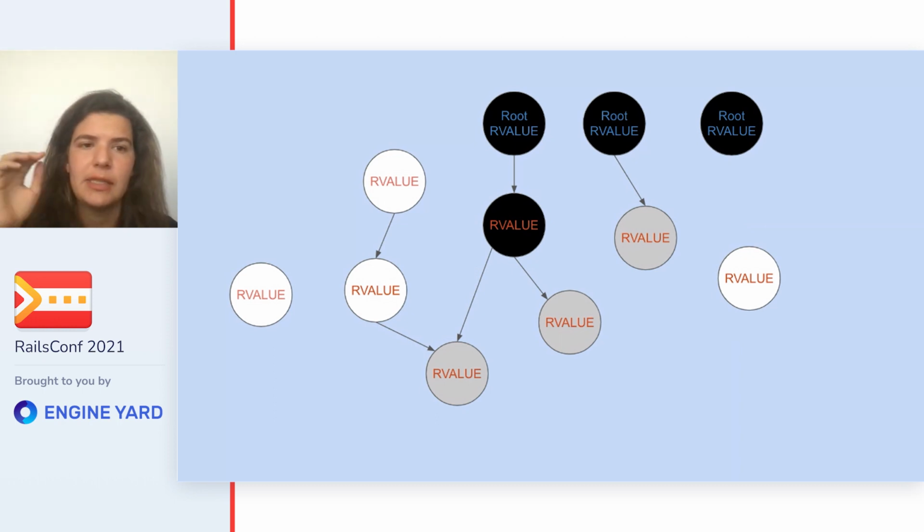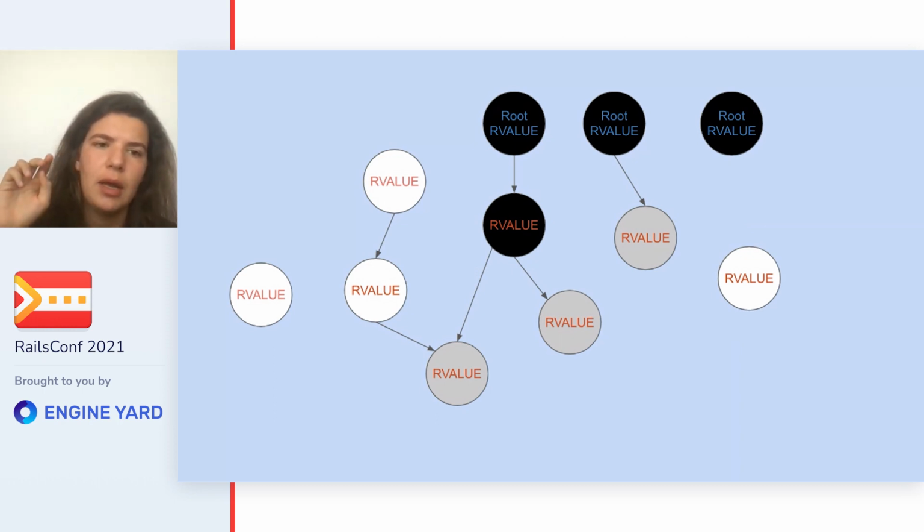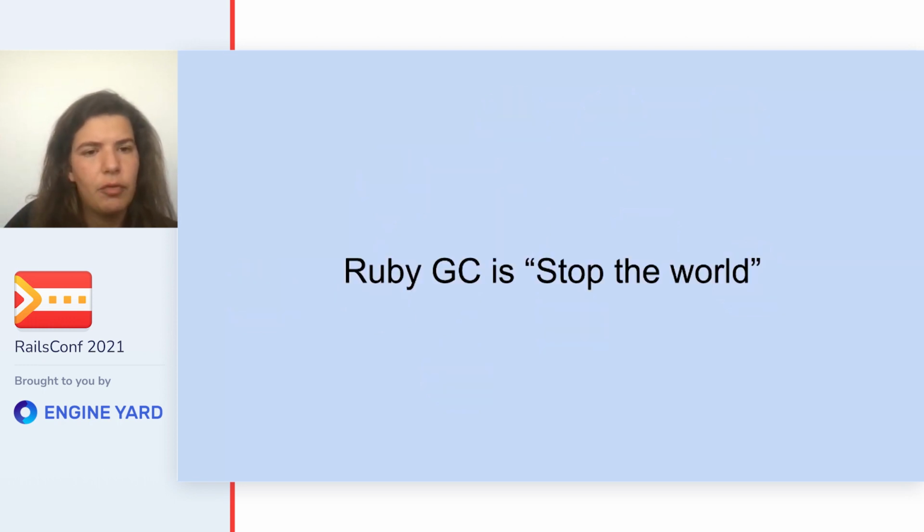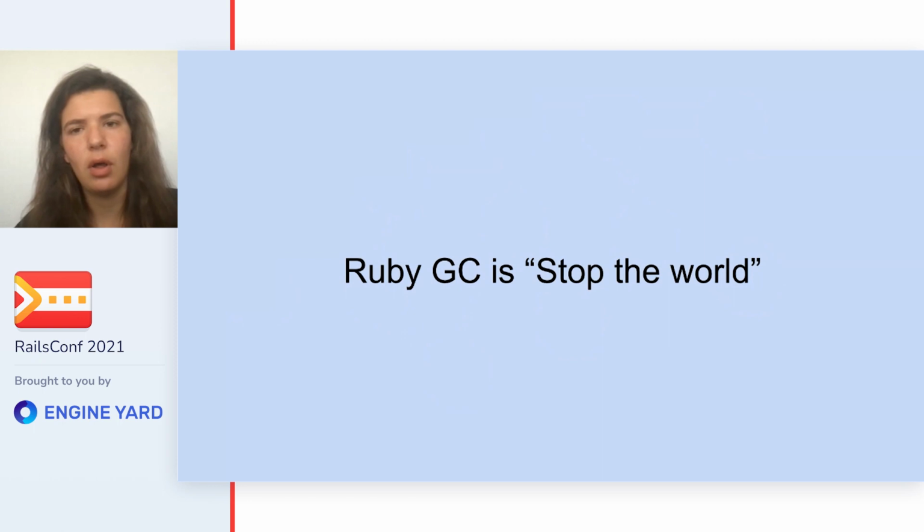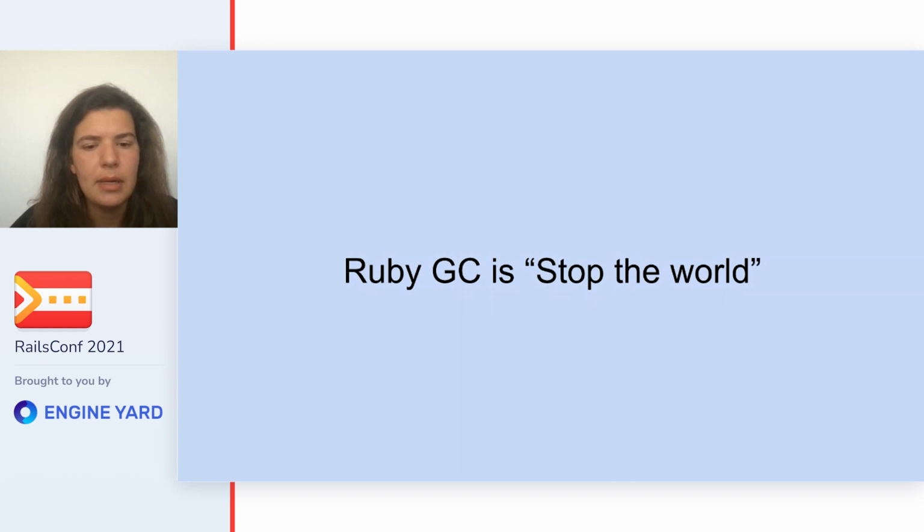One thing to note here is that it's tricolor, right? We are using gray, and you might have the thought, why not just black and white, right? Why do we need this intermediary step of marking things gray? Well, it's actually really interesting. Ruby's garbage collection is what's called stop the world GC, which means it pauses execution of our programs to do garbage collection, to run through this algorithm.